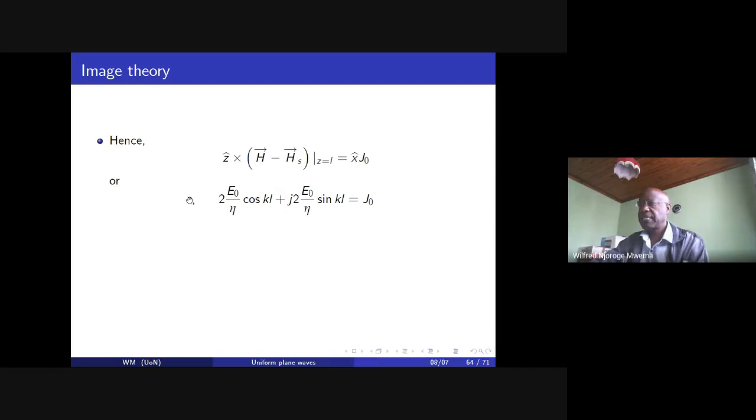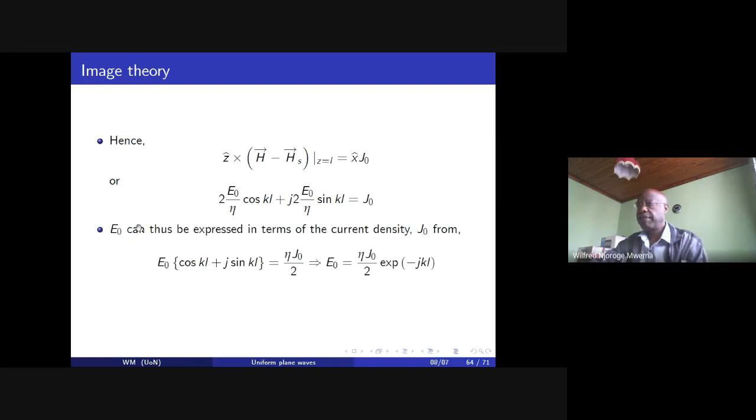In other words, this value is given by that equation there, E naught by eta cos kL plus j 2 E naught by eta sine kL, and this must be equal to J naught. Therefore, we can write E naught in terms of the current density amplitude J naught as shown below.